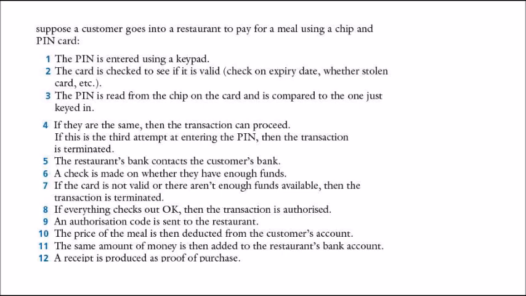The PIN is read from the chip on the card and compared to the one just keyed in. If they are the same, then the transaction proceeds. If this is the third attempt of entering the PIN code and it is wrong, the transaction is terminated.